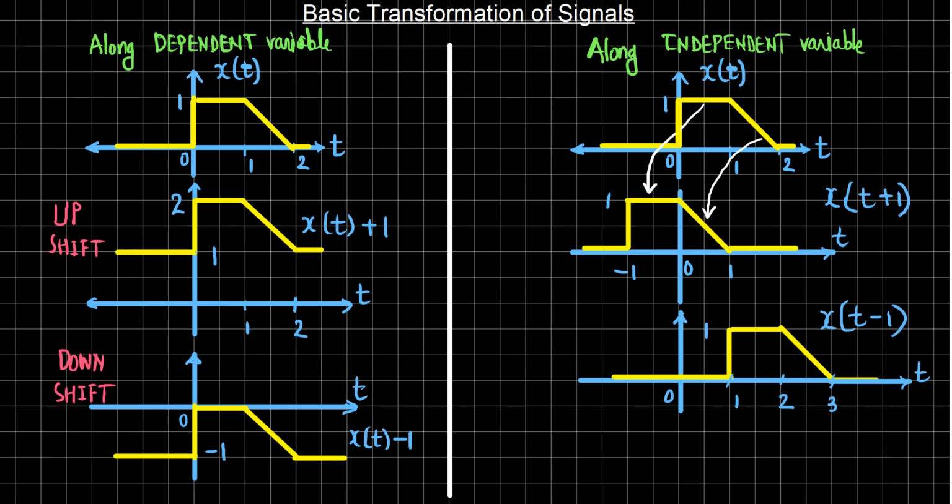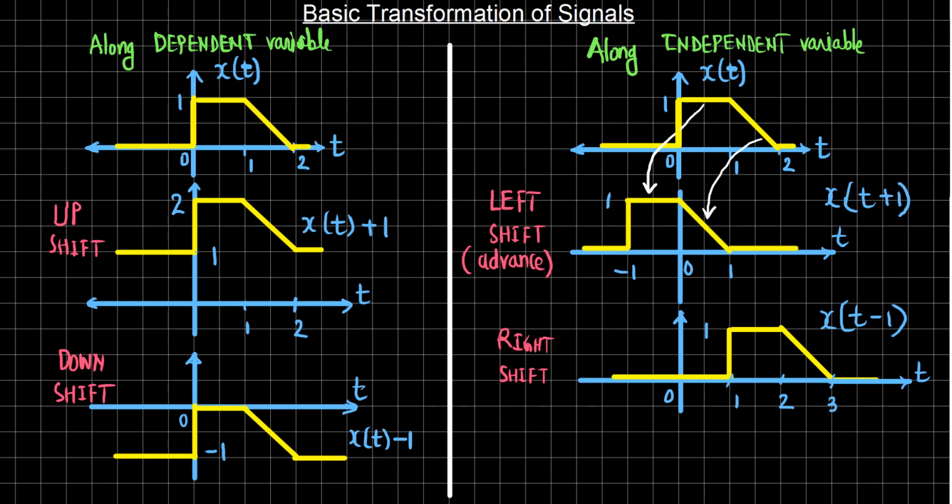What are those operations? The first operation that we have seen on the right is the left shift. And the second operation that we have seen is the right shift. The left shift operation is also called the advancing operation, or time advance operation.